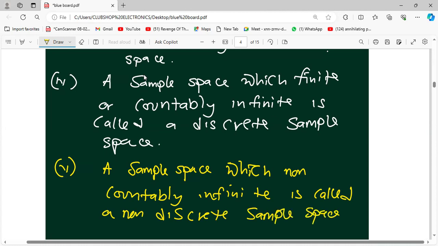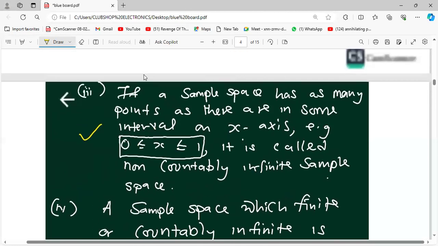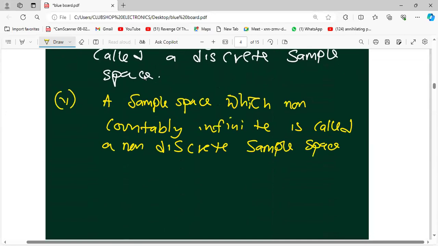What does it mean? It simply means the example that we had in part 3, where we are taking an interval. That one is referred to as a non-discrete sample space. In other words, a continuous sample space, because it takes multiple values. Here are some of the points that we need to appreciate.